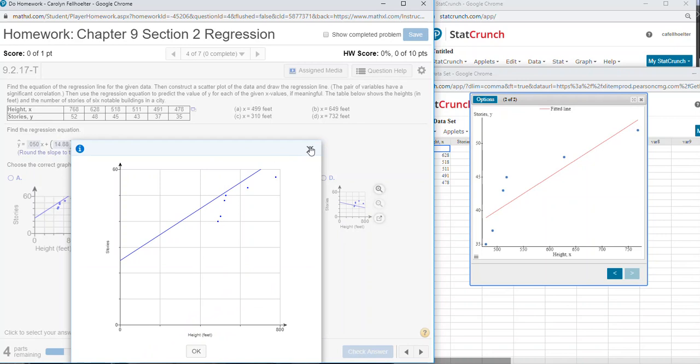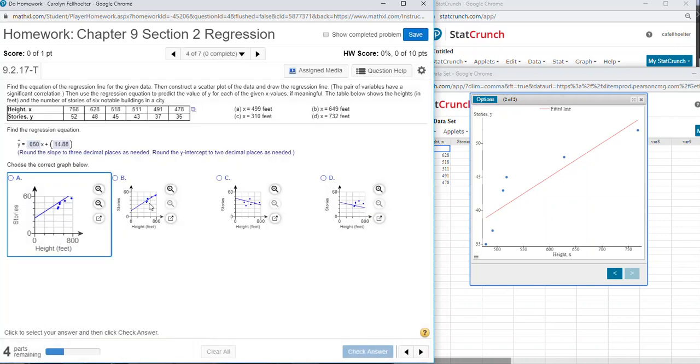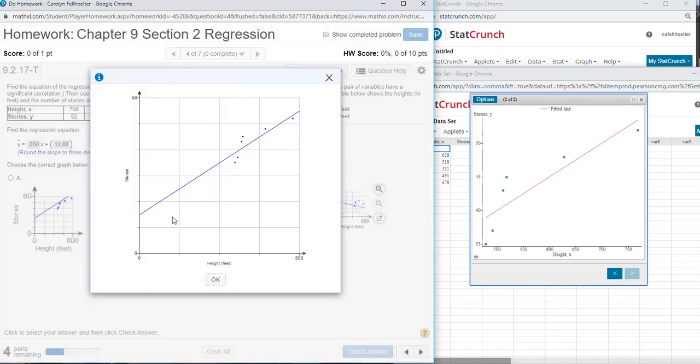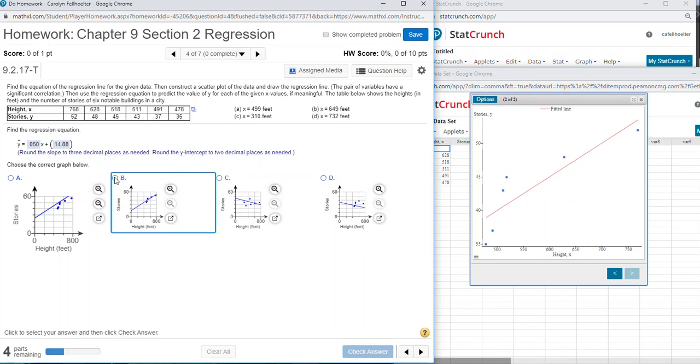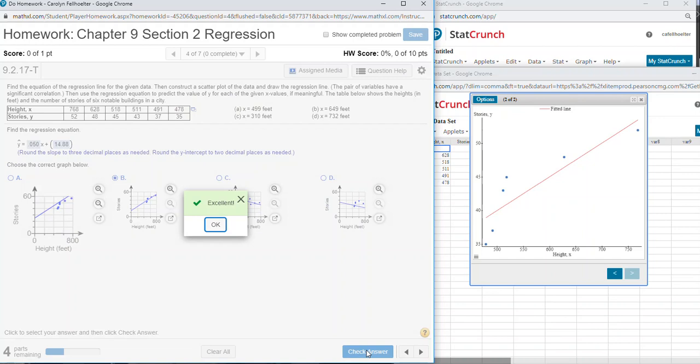So I'm going to X out of this one, and let's look at this B here. That is looking more like what StatCrunch did for us. There's the 2 values below the regression line, there's 2 above, and so everything seems to match up. So this must be the correct one. It's hard to tell sometimes because these are very small. So that's the correct scatter plot.